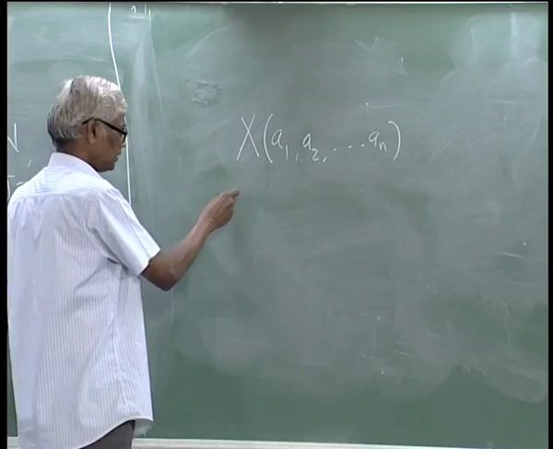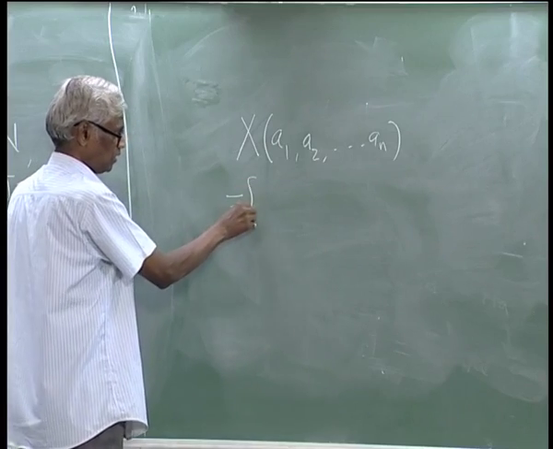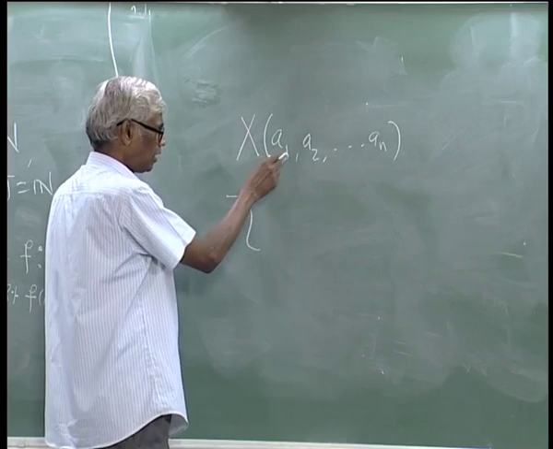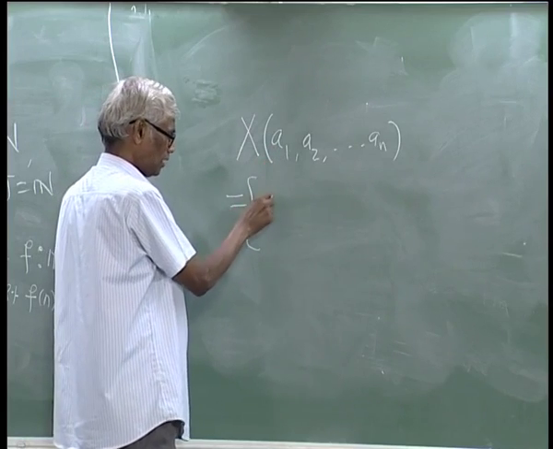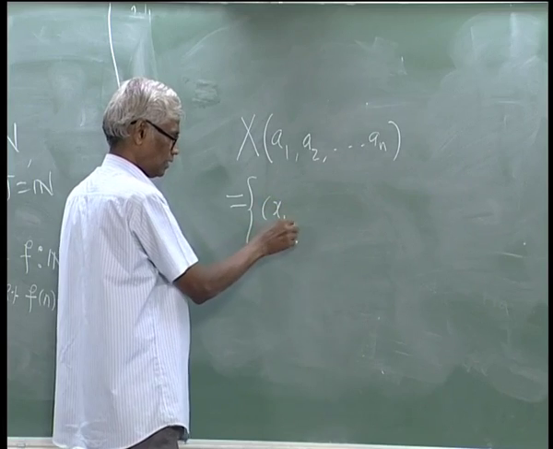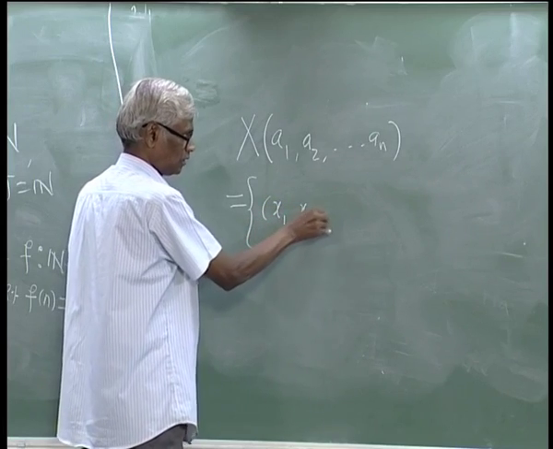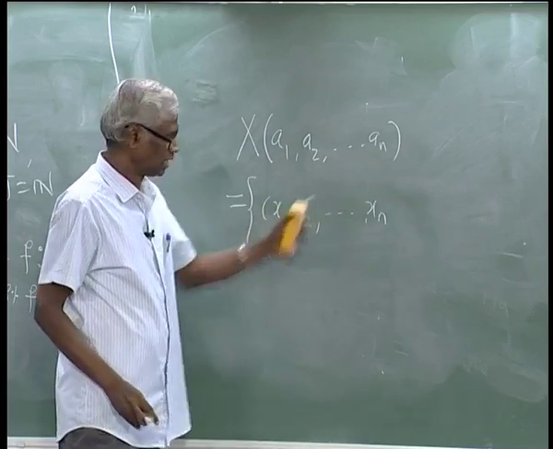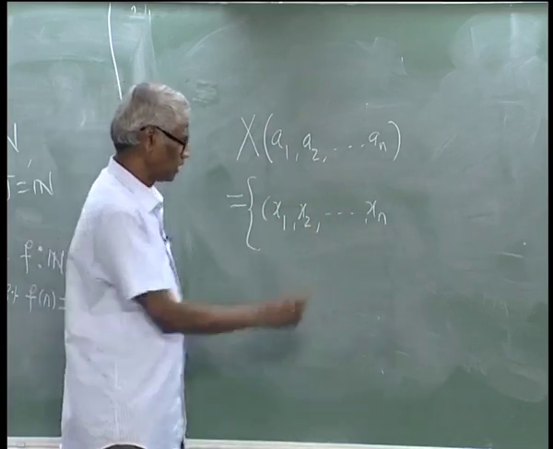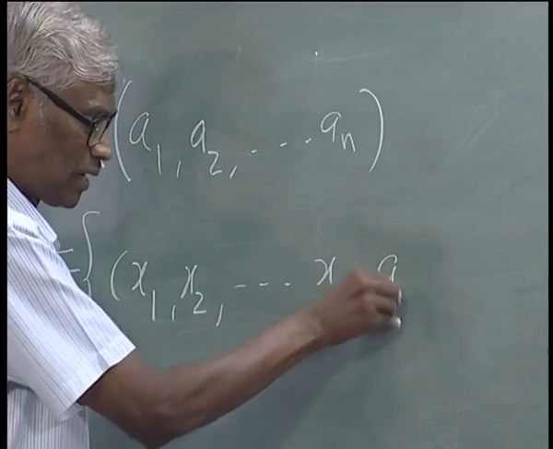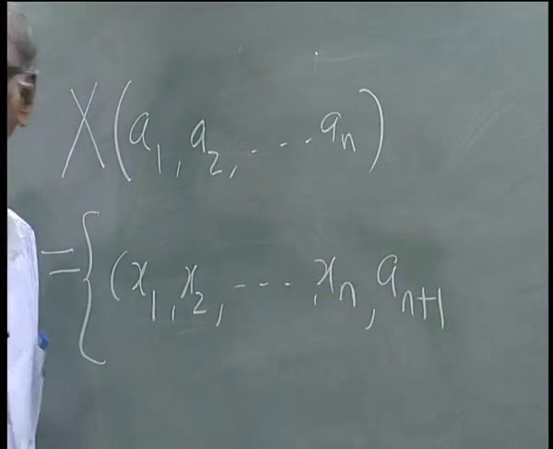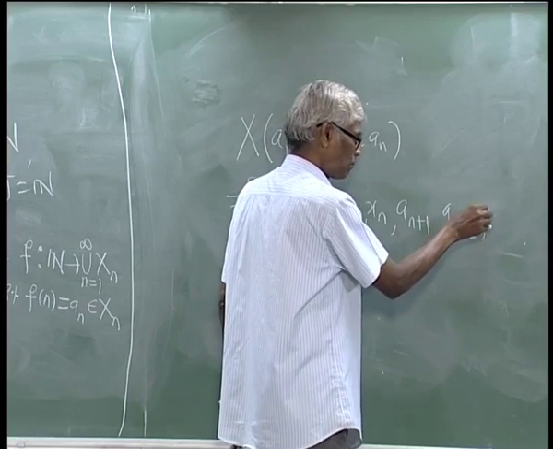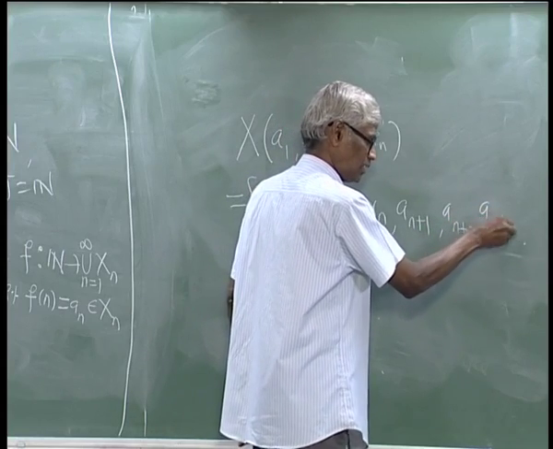So, in fact, this is the same as the set of all ordered tuples (x_1, x_2, ..., x_n), n is fixed, from n plus 1 onwards the fixed elements a_{n+1}, a_{n+2}, a_{n+3} and so on.